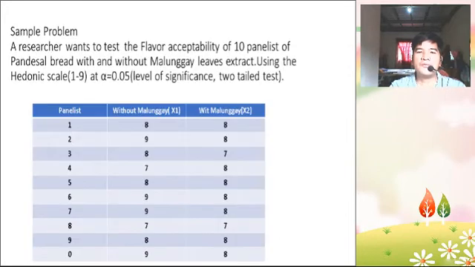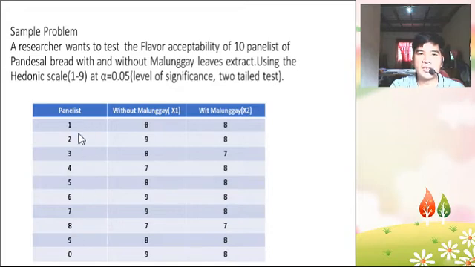For example, suppose a researcher wants to test the flavor acceptability of 10 panelists of pandesal bread with and without malunggay leaves extract using the hedonic scale 1 to 9 at 0.05 level of significance, two-tailed test. You can always use 0.05 level of significance. Suppose these are the scores given by the panelists.